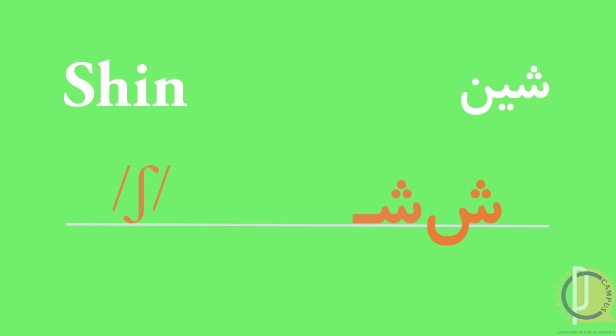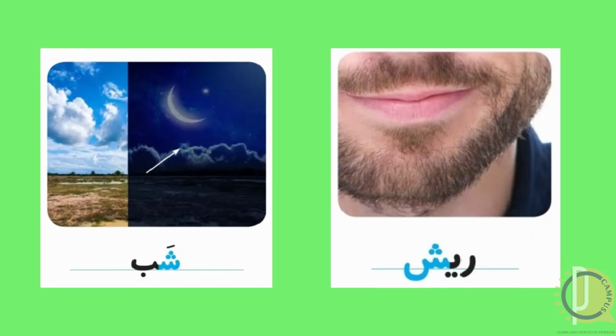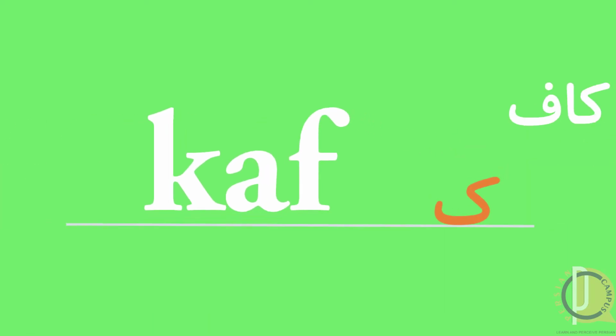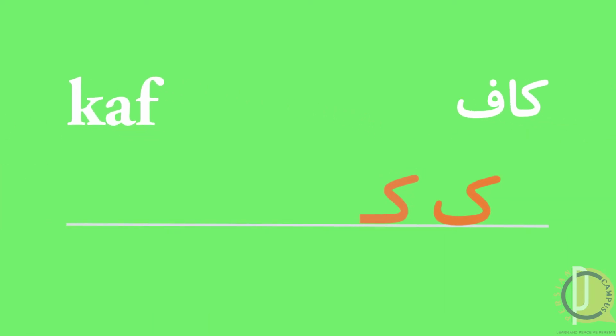Again, it has two shapes, the big one for the final and the small one for the beginning and middle position, as in rish, as in shab. It means night. Then we have cough, the big and small one. The big one for final and the small one for middle and beginning positions.